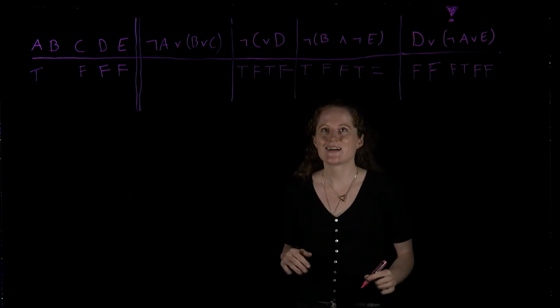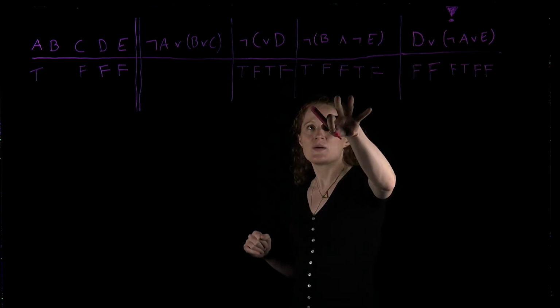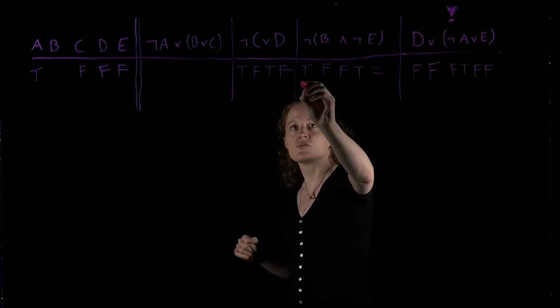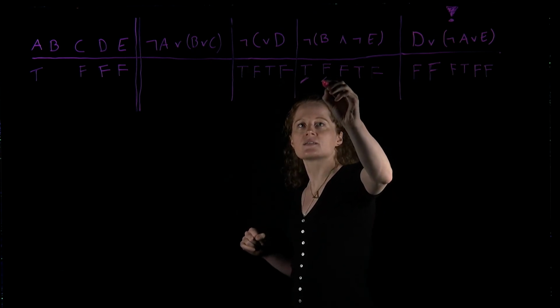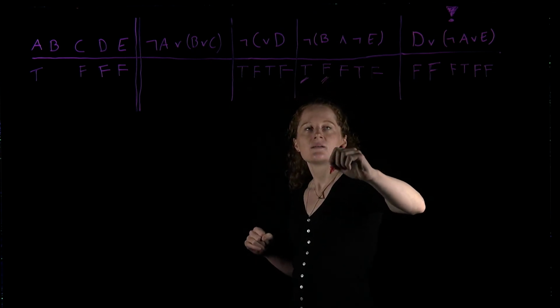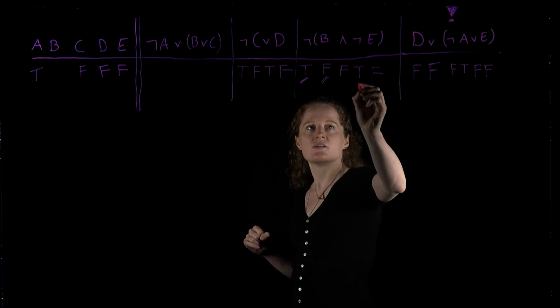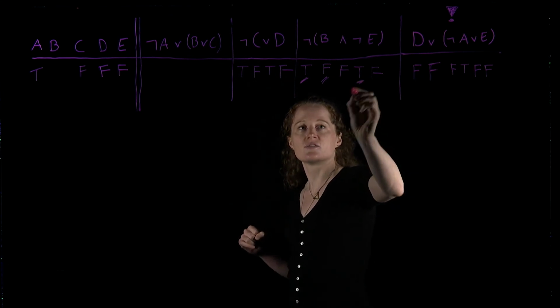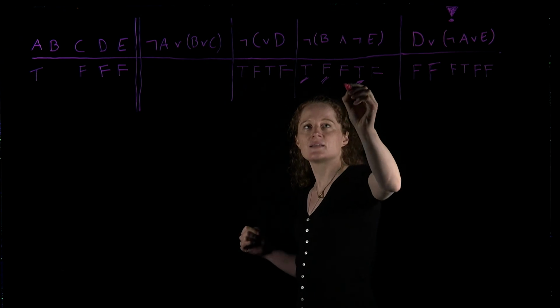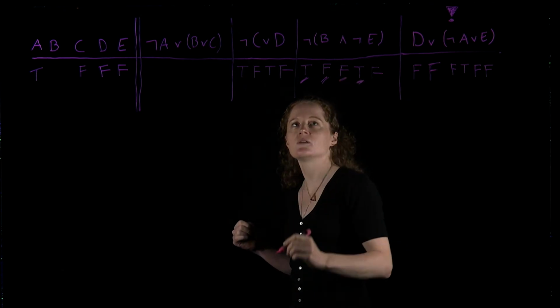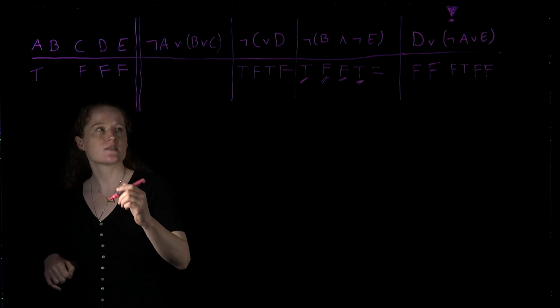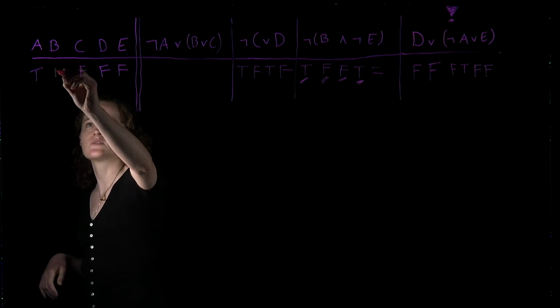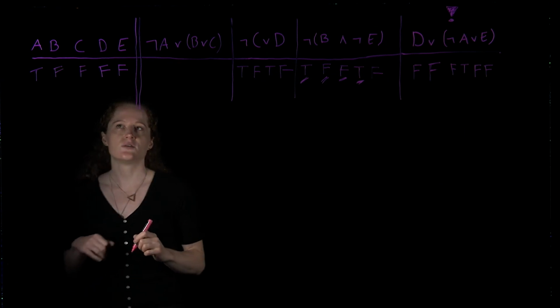So what I've just argued is that our third premise is true if and only if B is false, given that our second conjunct, not E, is already true, and given that we want the whole conjunction to be false. Okay, so a valuation that makes all of our three premises true must assign the truth value F to the sentence B.